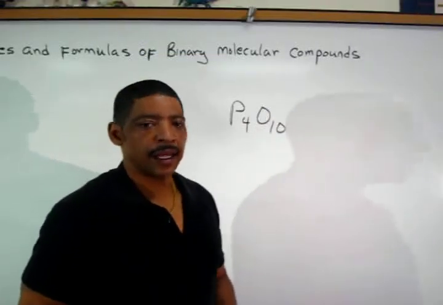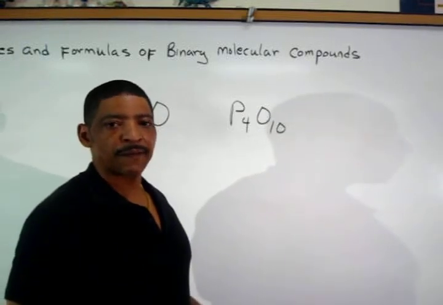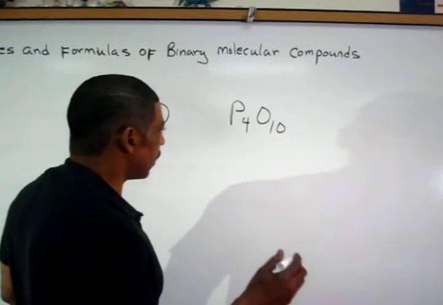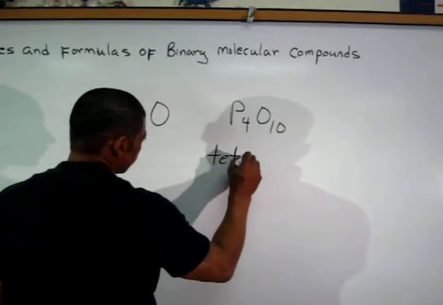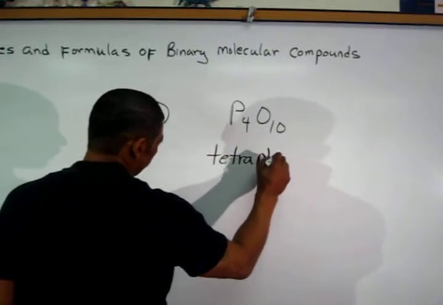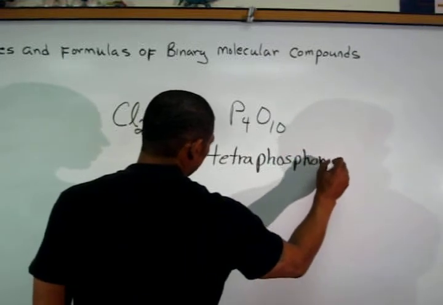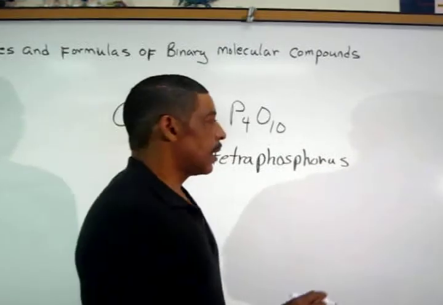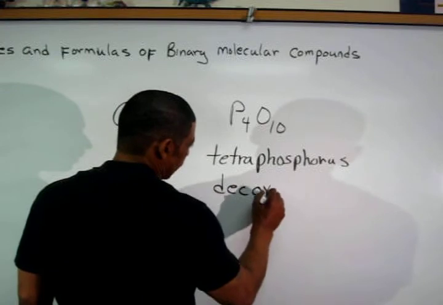And finally, this binary molecular compound contains 14 total atoms. The name of this compound is tetraphosphorus decoxide.